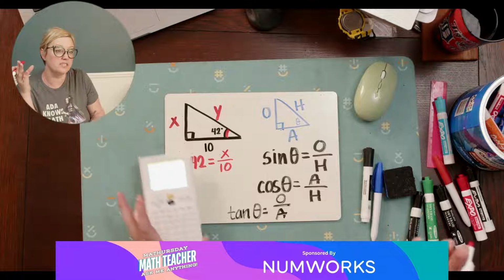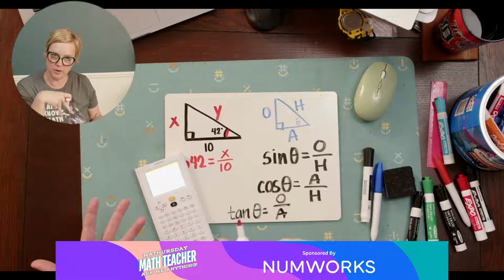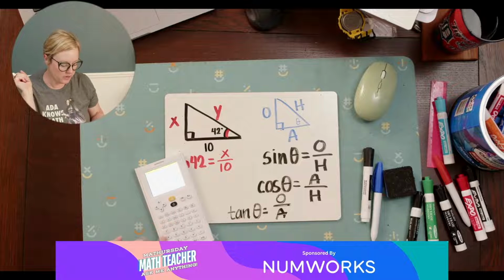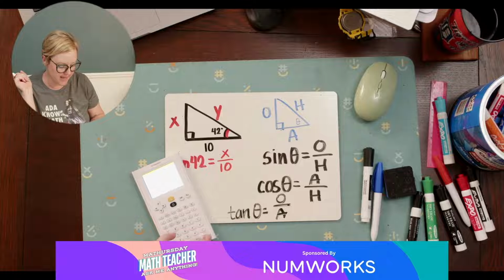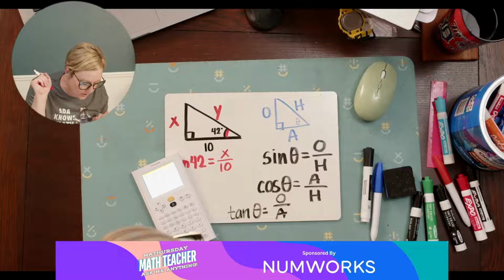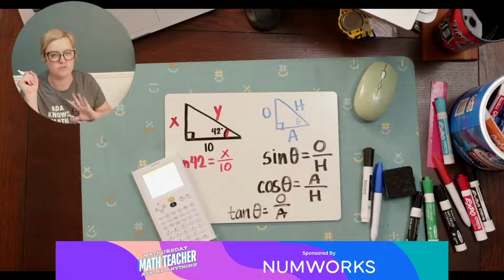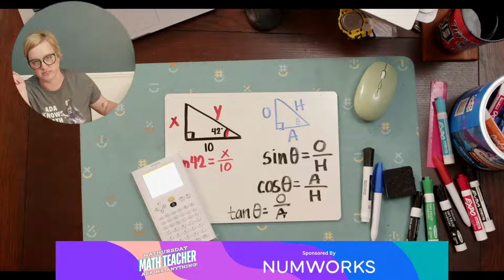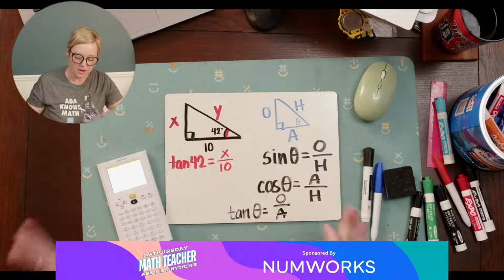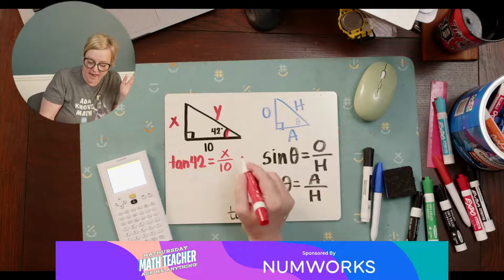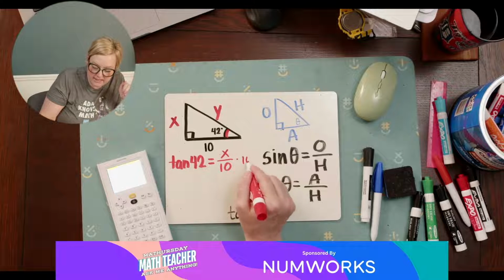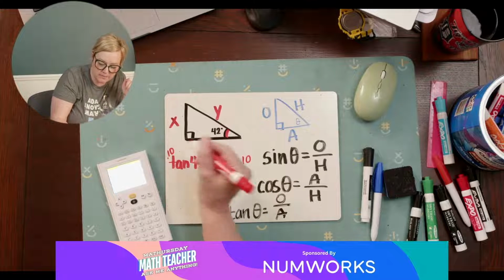If you just put it into your calculator, like your beautiful NumWorks calculator, you can get that tangent 42 is 0.900404. It's a really long, ugly, irrational decimal. But what we can do instead is just leave it as tan 42, and I'm going to multiply both sides by 10.